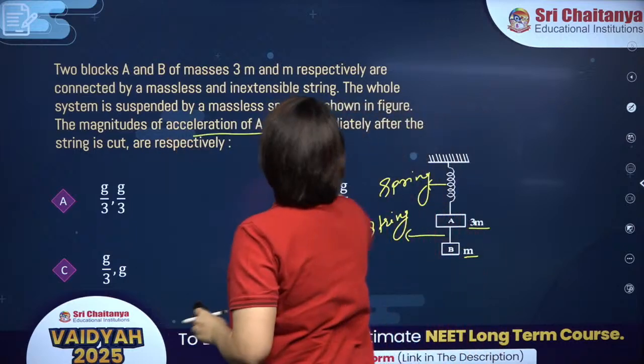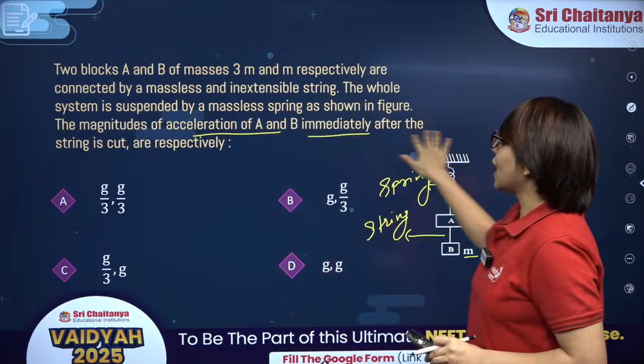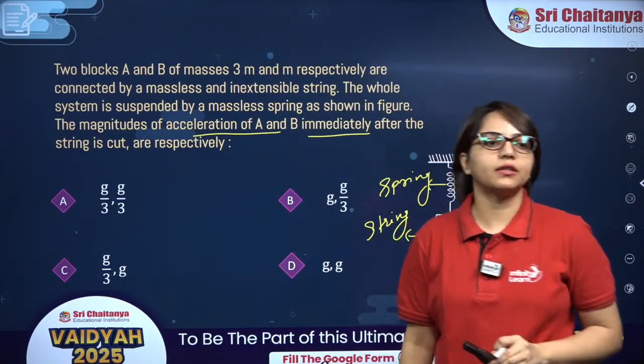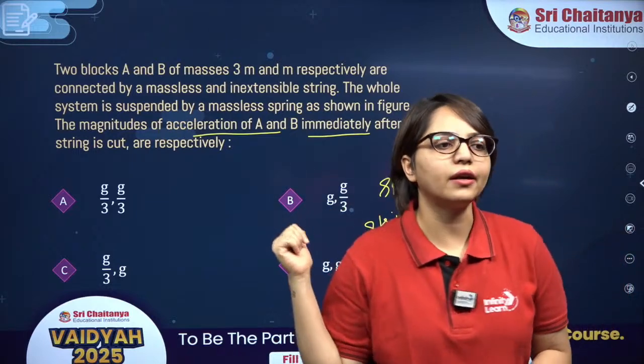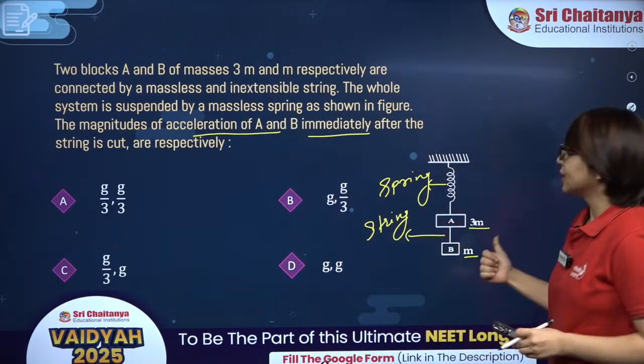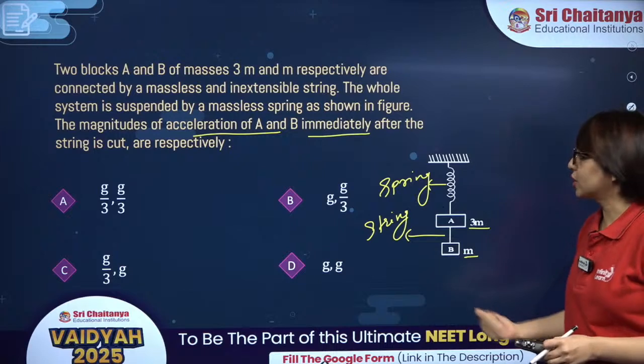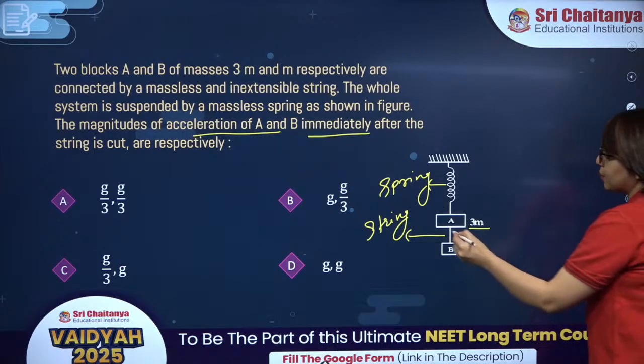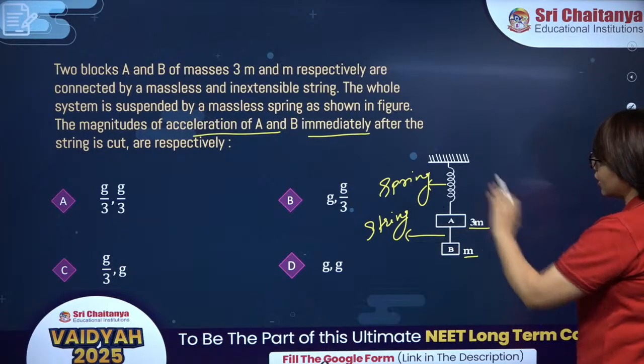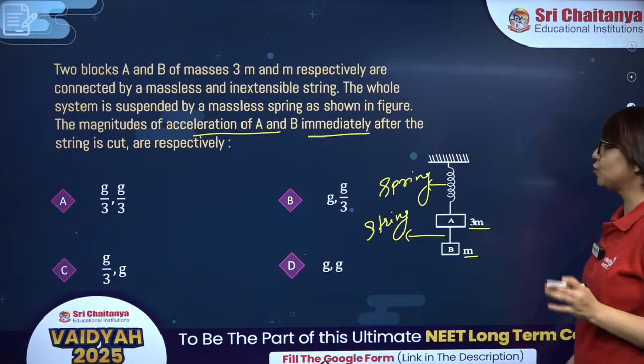The magnitudes of acceleration of A and B immediately after the string is cut are respectively. This is one of the PYQs, beta, right? I hope you guys remember this one. This is one of the PYQs from laws of motion. So if you cut the string over here, then what will happen to A and B? That we need to find.